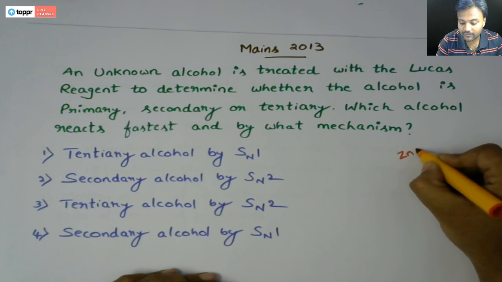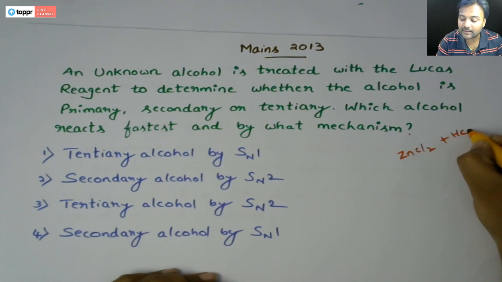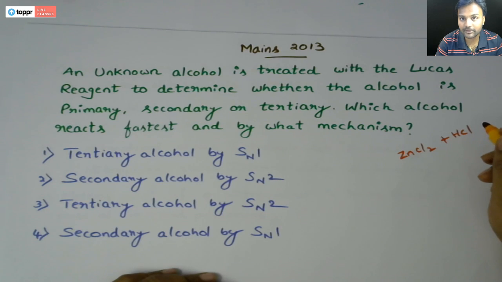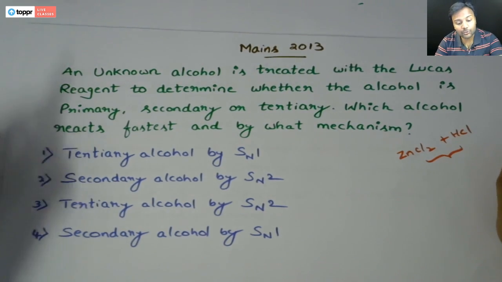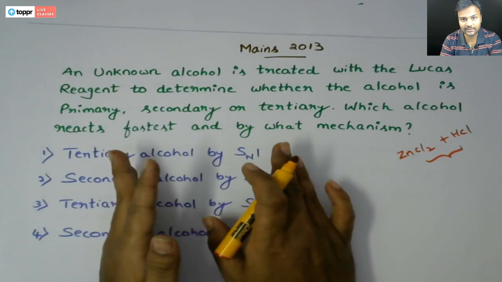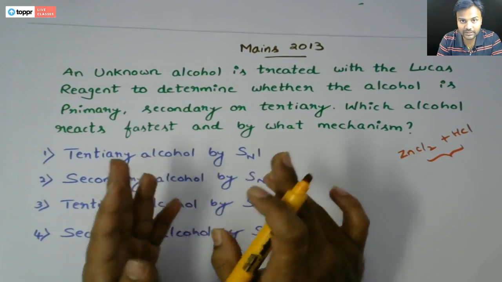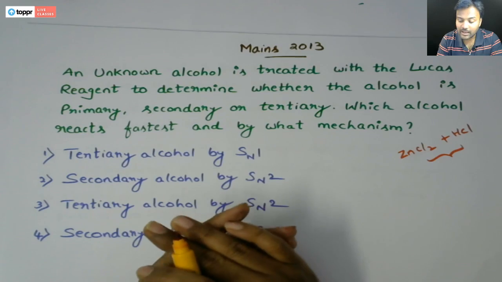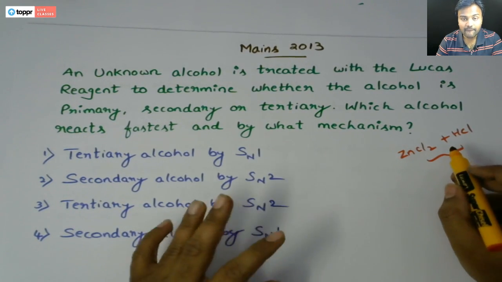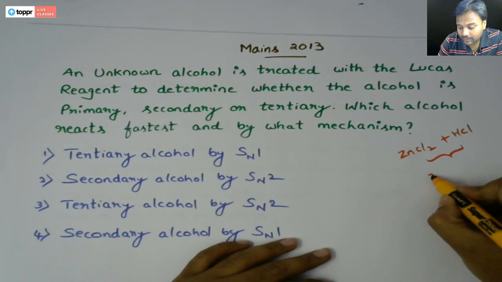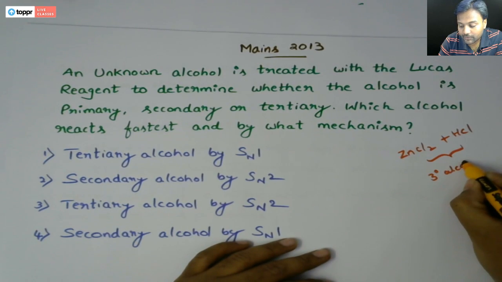Zinc chloride plus HCl. Can you tell me which alcohol gives a positive test? So, which alcohol can be identified? Tertiary alcohols give a positive test.